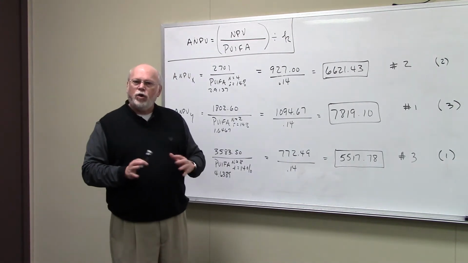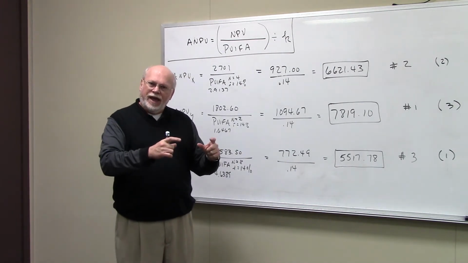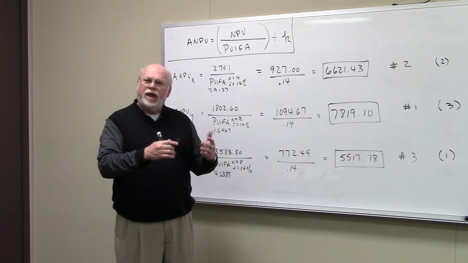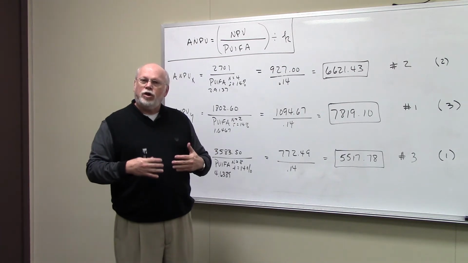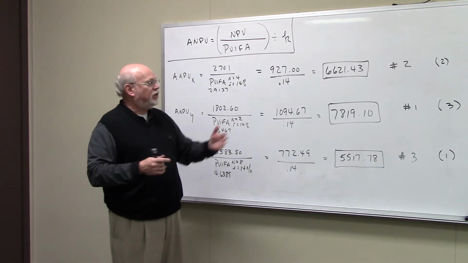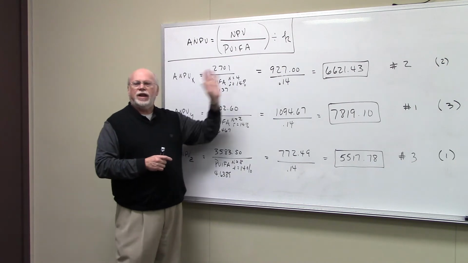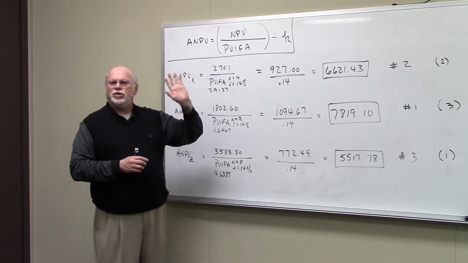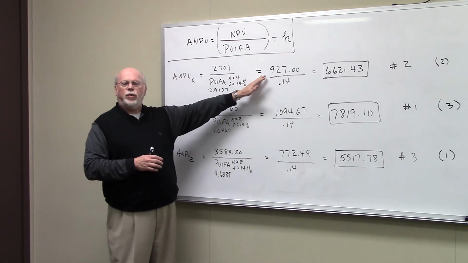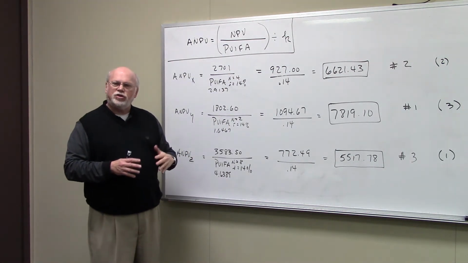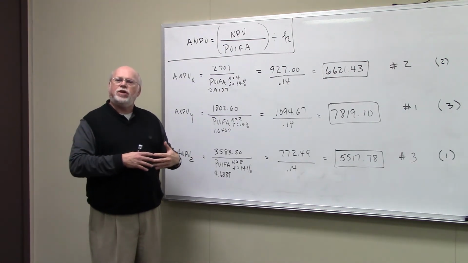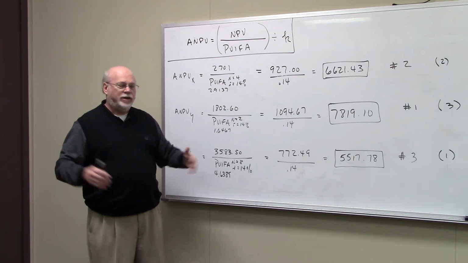The way you value a perpetuity is you take that annual benefit and divide it by your required return. So in this case, this project would add $927 to the value of the firm every year forever. That's what this is telling you.